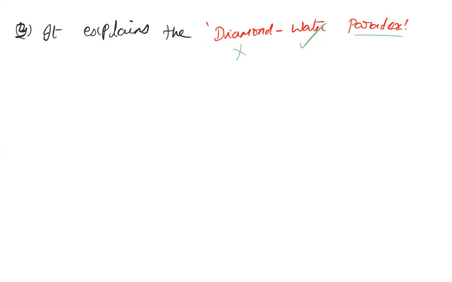Now, this law explains why that paradox is happening. The reason is diamond is scarce. All of us know that. Hence, the marginal utility is very high. Every additional piece of diamond discovered is very rare and very precious, so the additional satisfaction is more.